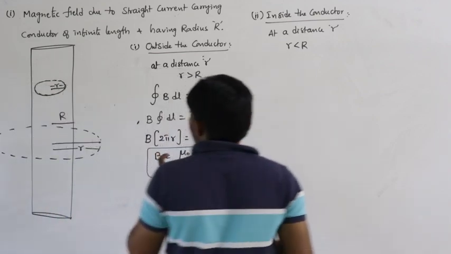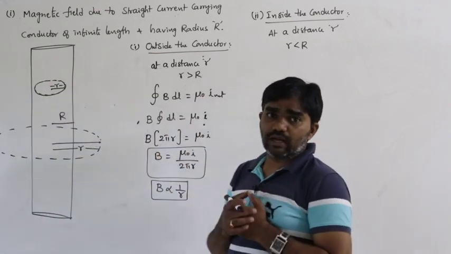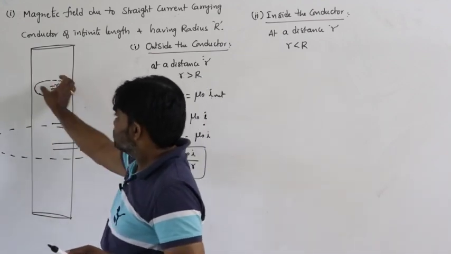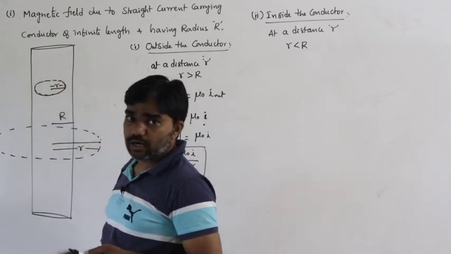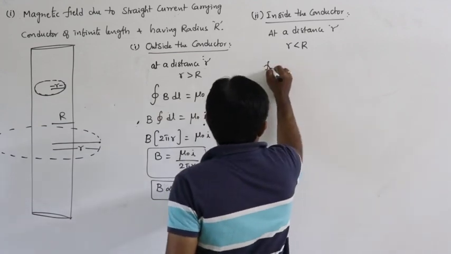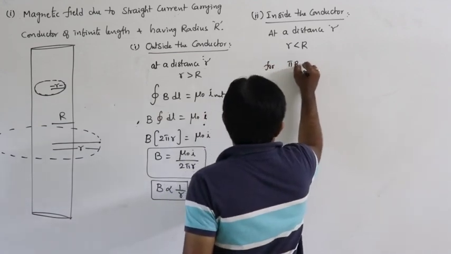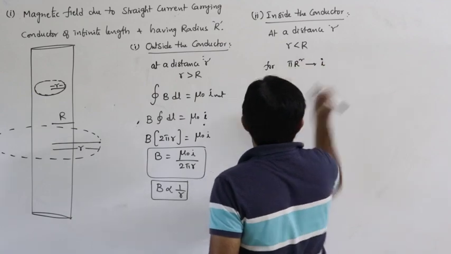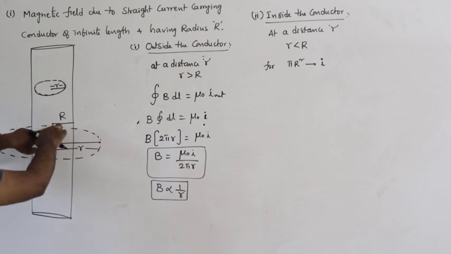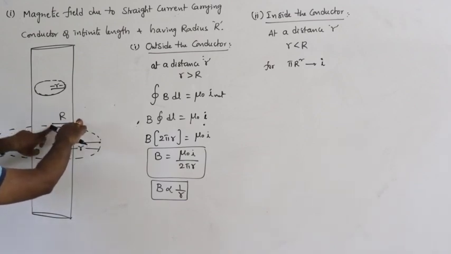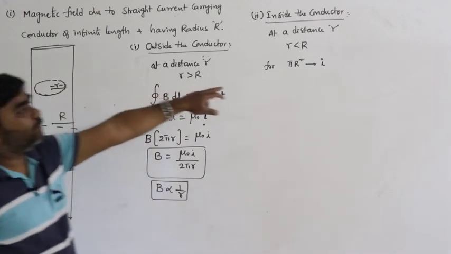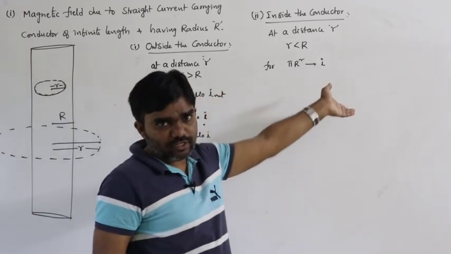So here, what is the net current? First we have to calculate that. What is the net current passing through this small Amperian loop? For pi R square, the total current passing is I, where the original radius of the conductor is R. That is the given condition.